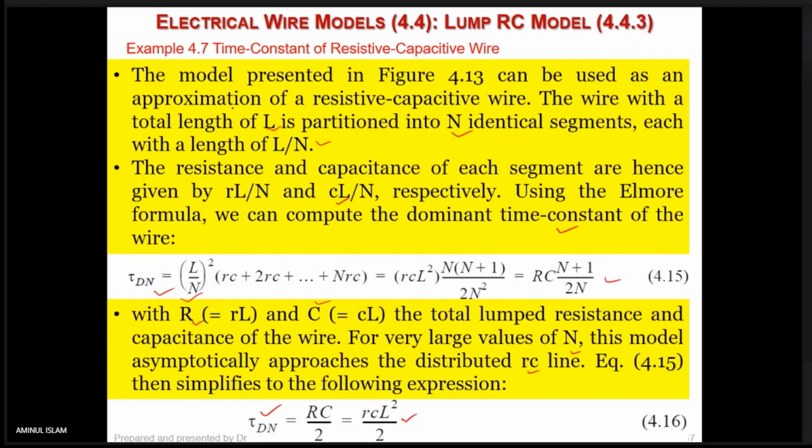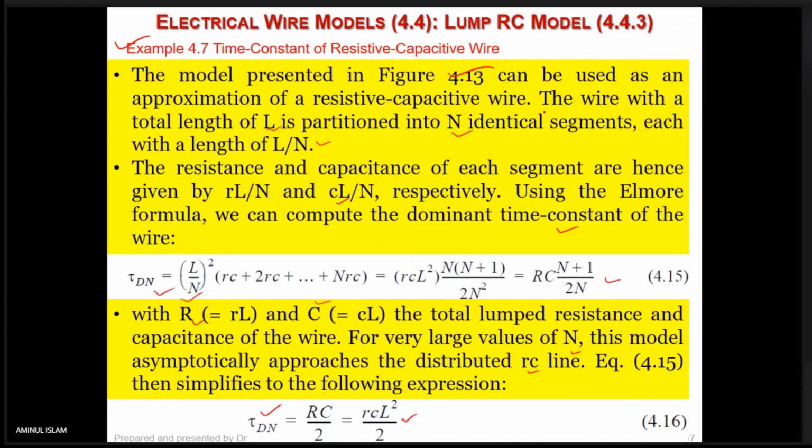One example is given here in the book. Example 4.7, time constant of a resistive capacitive wire. The model presented in figure 4.13 can be used as an approximation of a resistive capacitive wire.